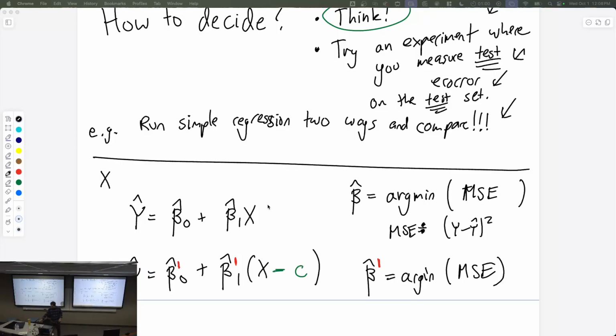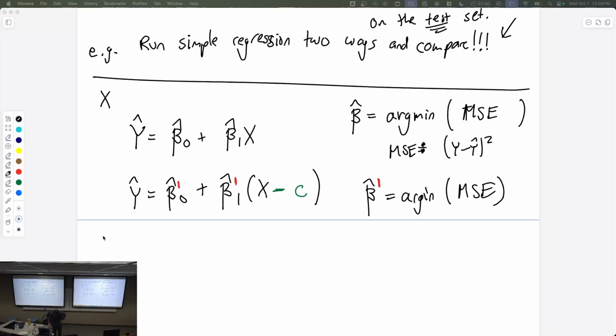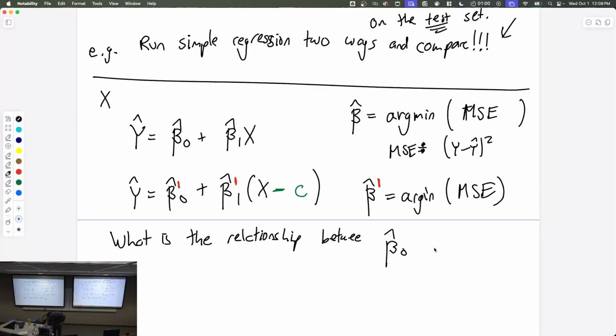In particular, what is the relationship between beta hat 0 and beta hat 0 prime and beta hat 1 and beta hat 1 prime? In other words, we did it without subtracting a constant, and we did it with subtracting a constant. How did the coefficients change?